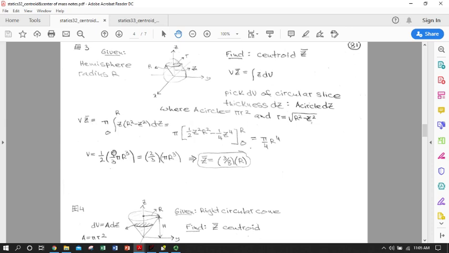But I'll take the shortcut and do 4/6 pi r cubed, and then just evaluate my integral with my z dv, which is equal to z times parentheses r squared minus z squared. I throw my pi out in front because it's a constant. Dz is a single integral. So all I have to do is integrate this expression with respect to z, and it's just a polynomial. So standard integration, and I'm going to integrate r from 0 out to big R.